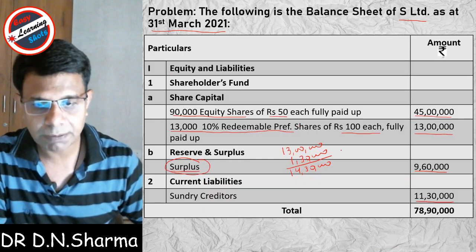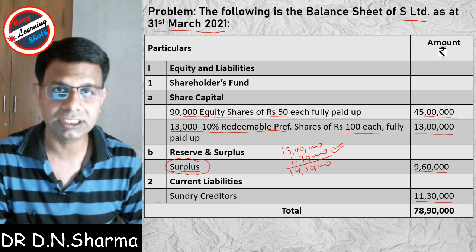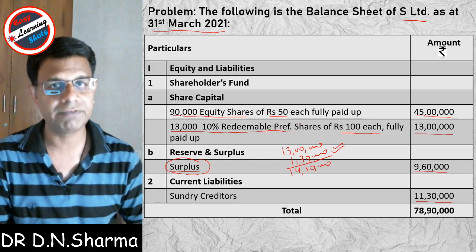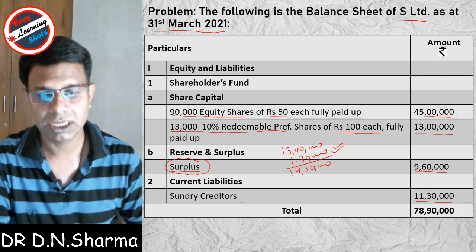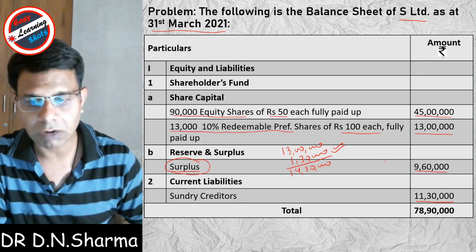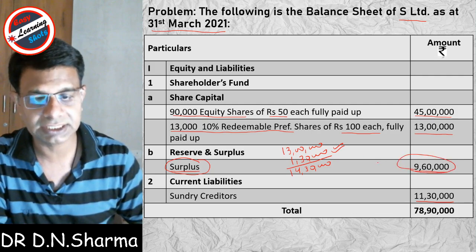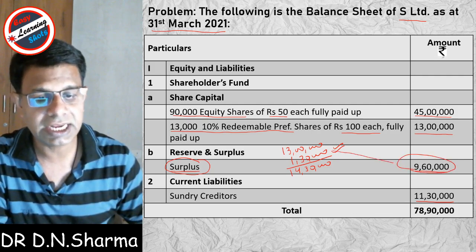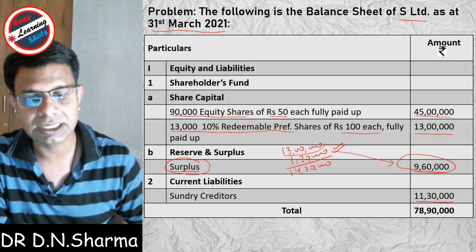Here first we adjust the premium amount, and this premium on redemption of preference shares is adjusted either out of profits or out of securities premium reserve account. Here out of profits we have the surplus account, which shows the balance of 9,60,000. So we can easily adjust it with the surplus account. Now the nominal capital, that is 13 lakh.